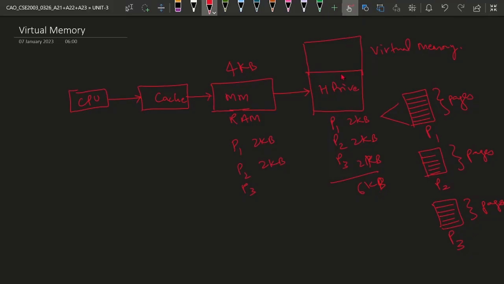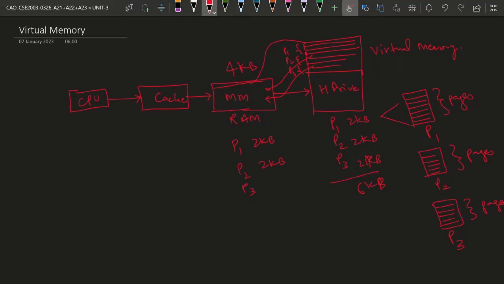When needed, we will fetch a few pages of a particular process. So with different processes P1, P2, P3, we fetch a few pages of P1, a few pages of P2 and a few pages of P3 into the RAM, instead of storing the whole process of 2 KB.